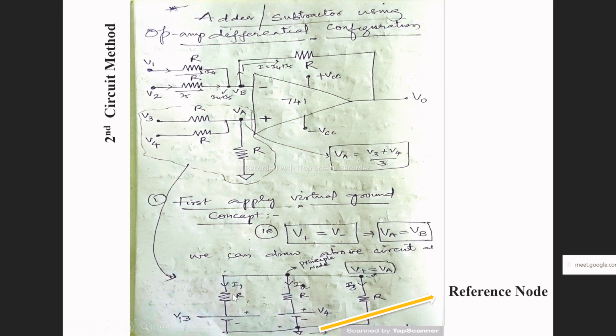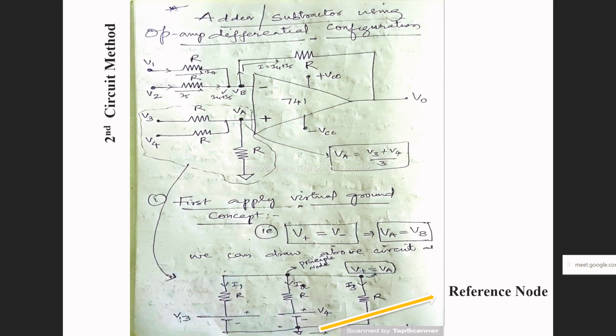The current flowing through this one is I1, through this one is I2, and through this one is I3. Now we'll apply the nodal analysis. What does nodal analysis tell us?